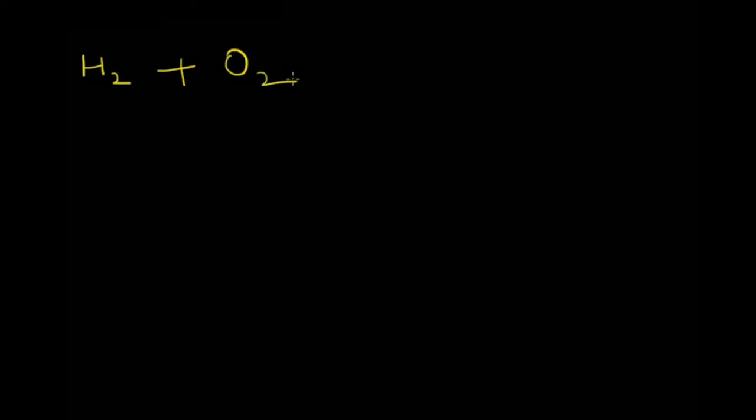In this case, since hydrogen is bonding with another hydrogen, the oxidation state would be 0 each. Similarly, the oxidation state of this oxygen will also be 0 because it is bonding with another oxygen. And we just discussed the oxidation state of these elements in water.